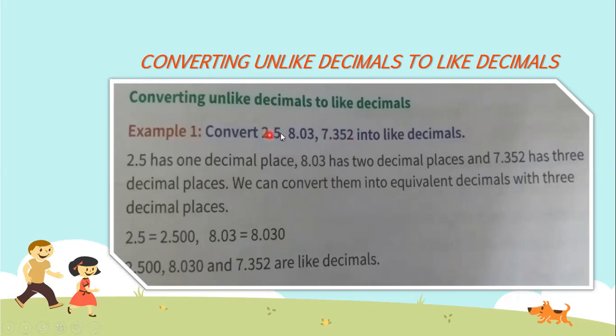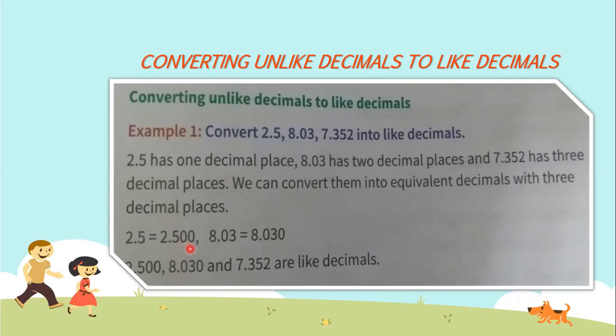Now how do you convert 2.5? After the point, 5 is one decimal place, and after that you can keep zeros. If you keep zeros on the right side, the value will not change. Now 2.500 has three decimal places, and the value is 2.5 only.